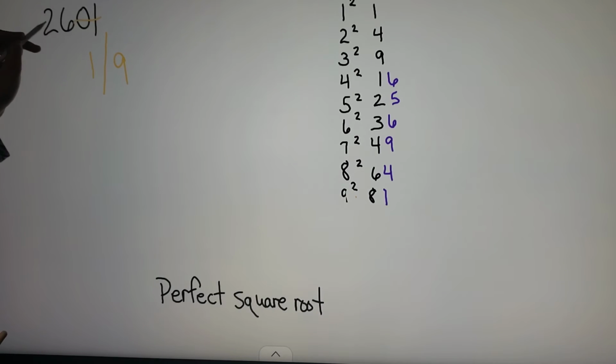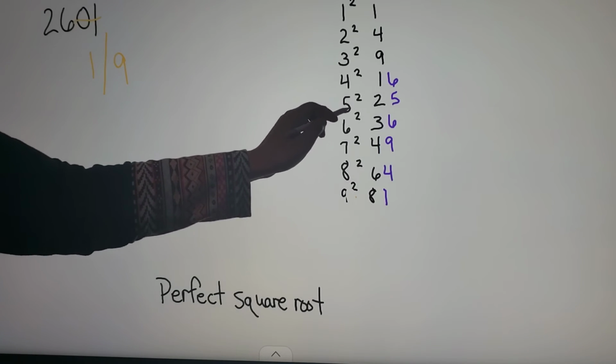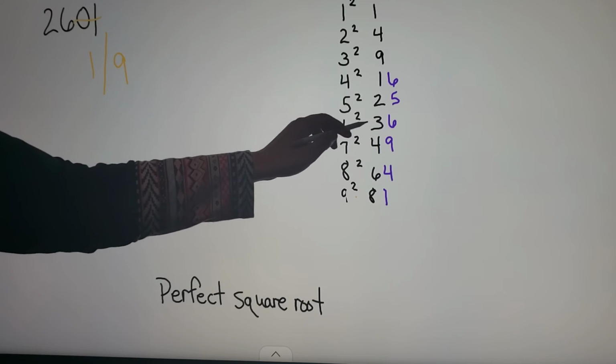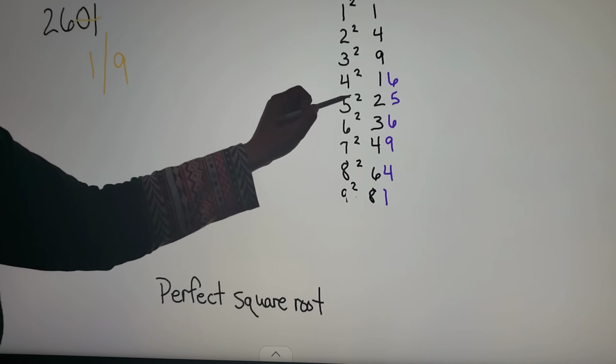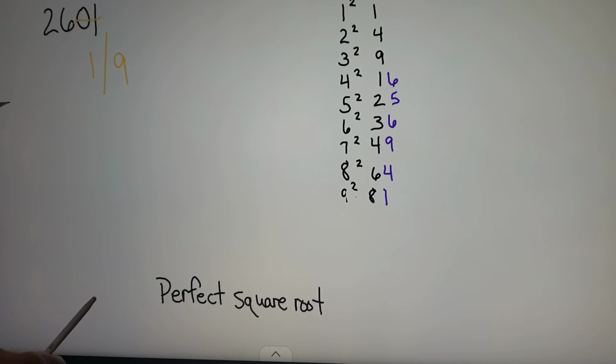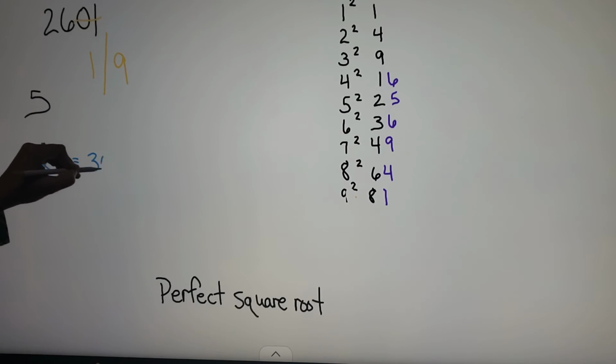Then we're going to look at 26. Remember, we come back over and look for the closest number to these two numbers without going over. So it'll be between 5 and 6. Because 36 is higher than 26, we cannot use 6. So we'll have to use 5. Then we multiply 5 times the next highest number, which equals 30.